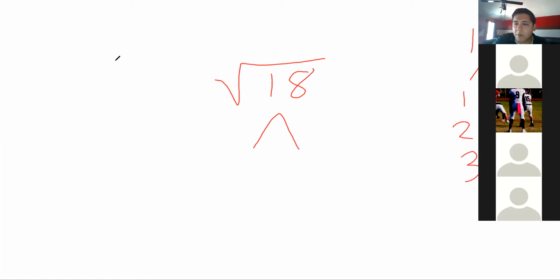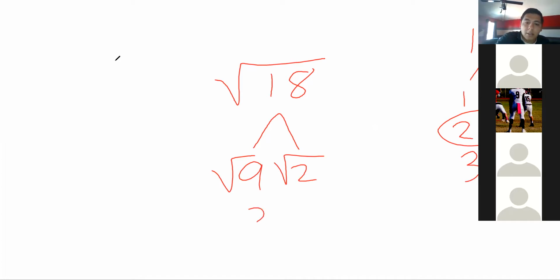Which one of these has a perfect square? 2 and 9. Yeah, there we go. So we can split this into 2 and 9. If we take the square root of 9, what do we end up with? 3.